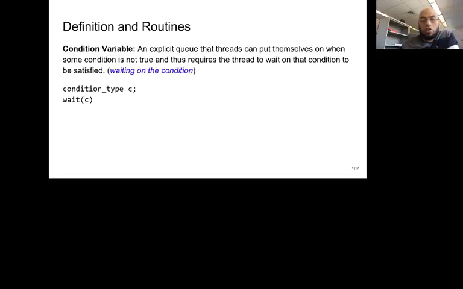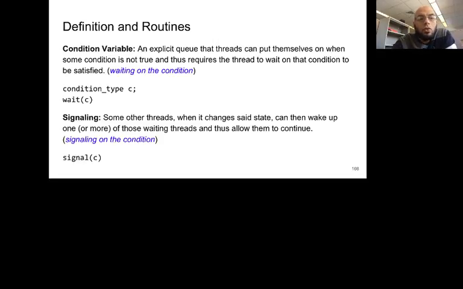So you set a condition and you wait for it. And once the condition is satisfied, you wake up the threads in the queue and thus allow them to continue. So you give a signal.